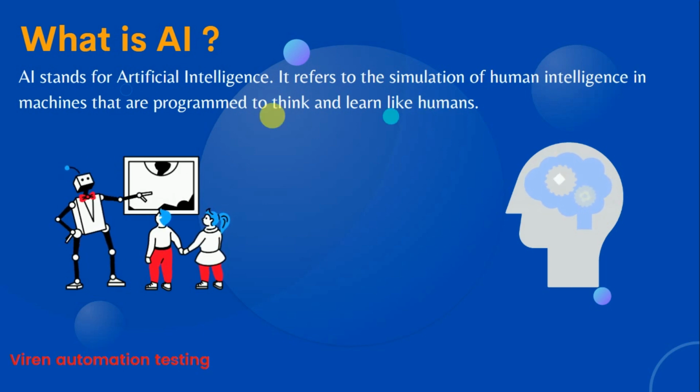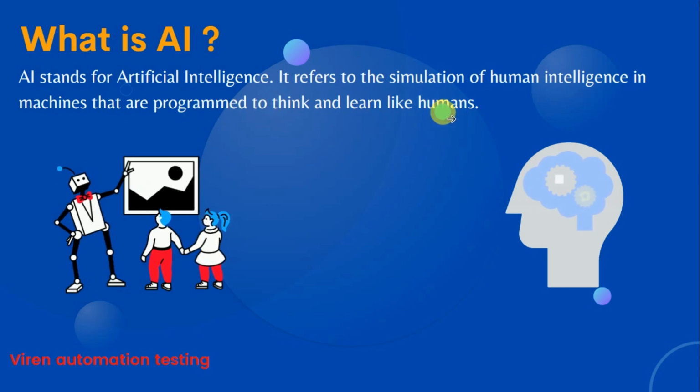So basically, the artificial intelligence is the hardware plus software combinations. So we are creating the machines, suppose the robots. So robots are the hardware systems, but inside we are developing the software by the programming and we are making a system that can think like a humans.